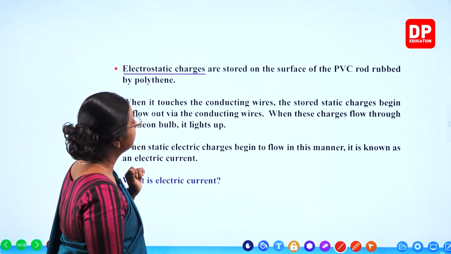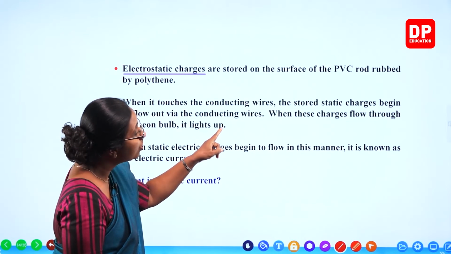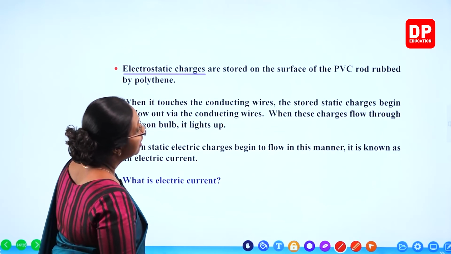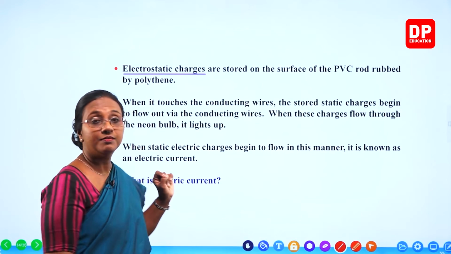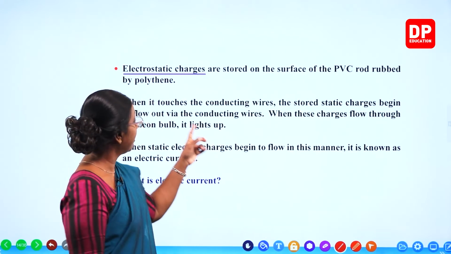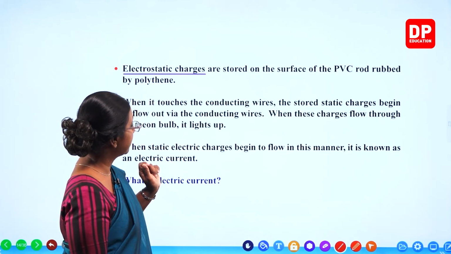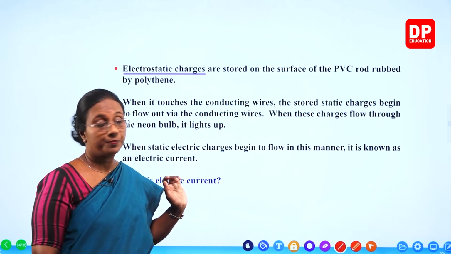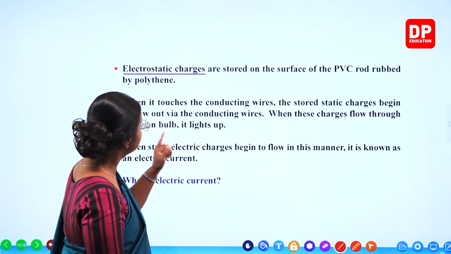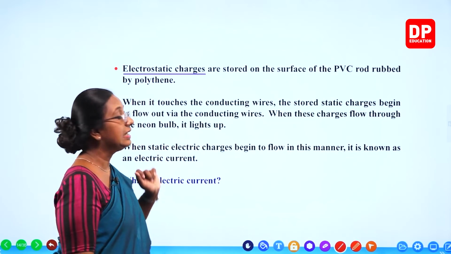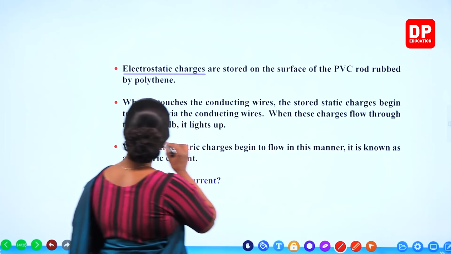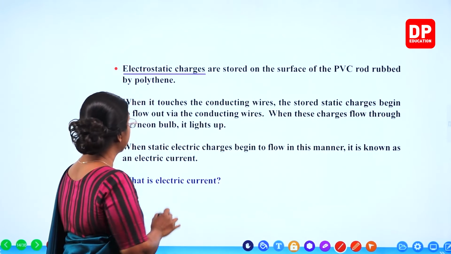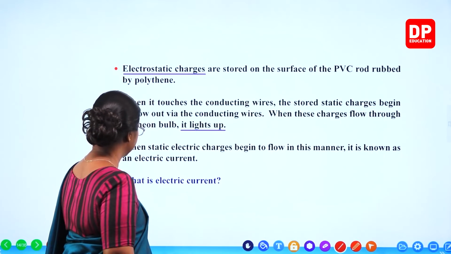When it touches the conducting wires, the stored static charges begin to flow out via the conducting wires. When these charges flow through the neon bulb, it lights up. So here you can see, when the charges flow through the neon bulb, the neon bulb lights up.